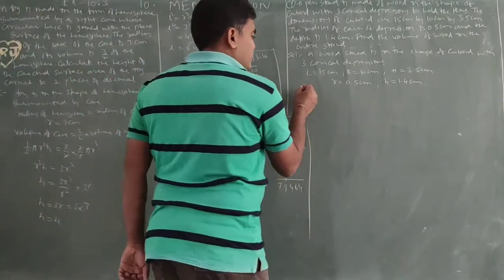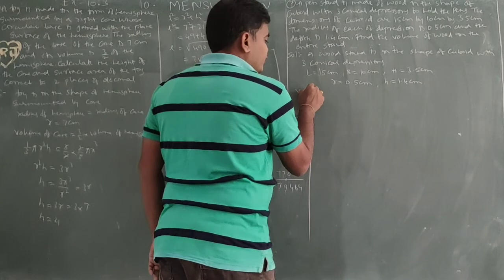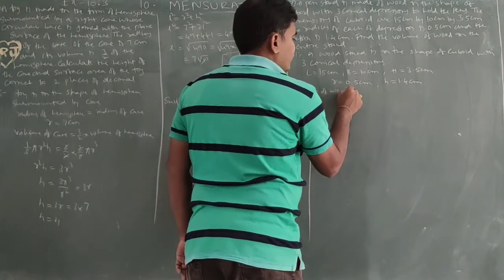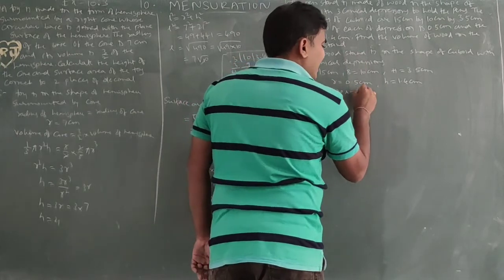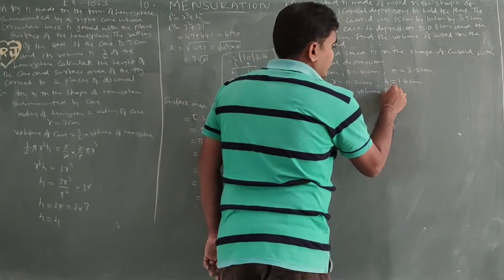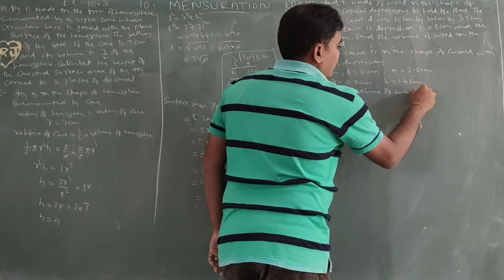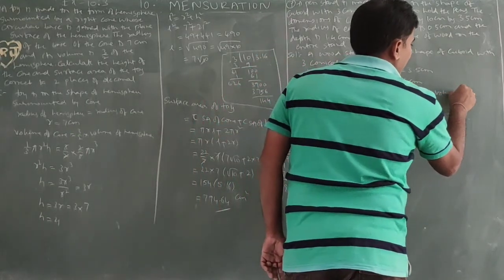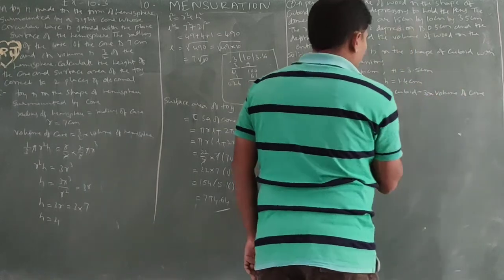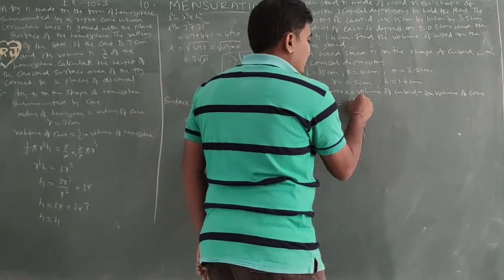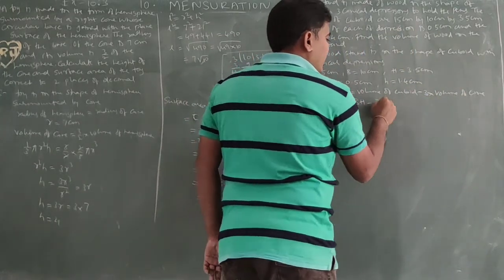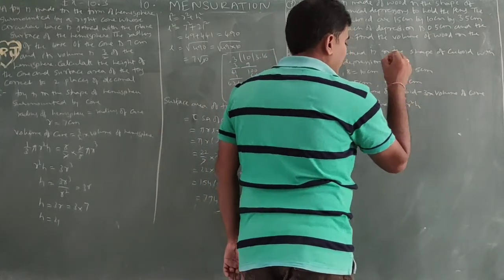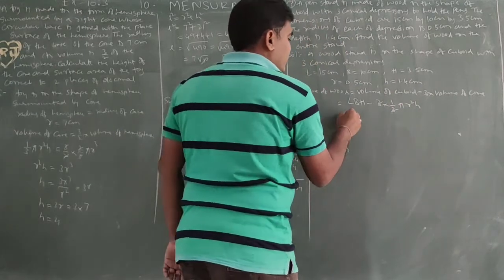So next, volume of wood equal to volume of cuboid minus 3 into volume of cone. Volume of cuboid is lbh, minus 3 into cone volume 1/3 pi r square h. 3 gets cancelled.